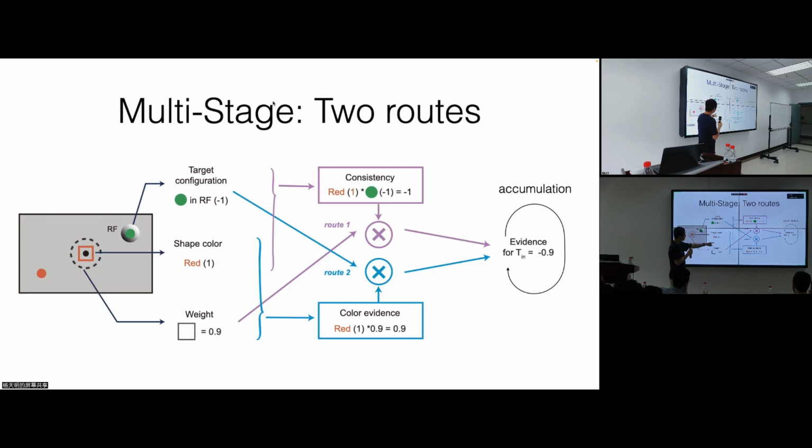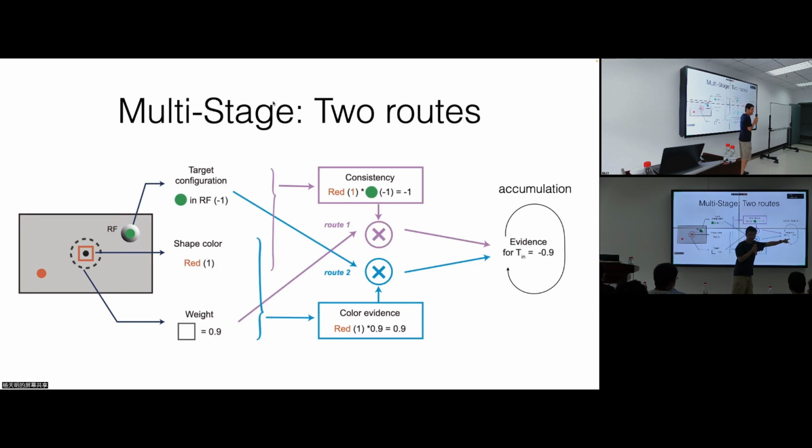So the shape color is red, the weight is 0.9. If we combine this together, we know that the probability of red getting rewarded is good, right? But then we want to know if the red target is in the response field or not, right? If the red target is not in the response field, that's actually evidence against the target in the response field.